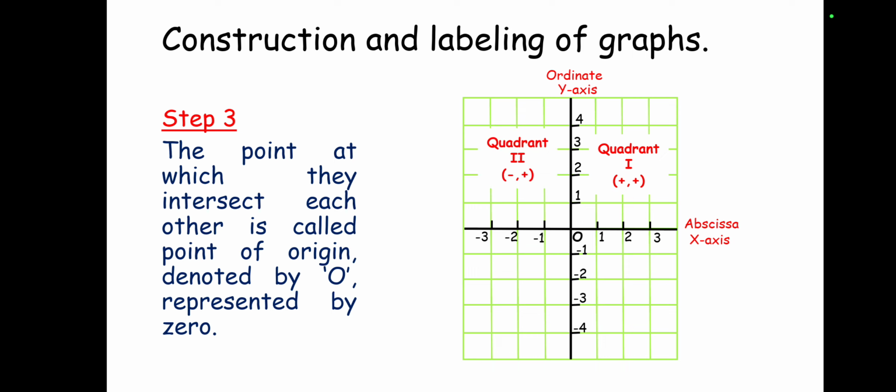This is quadrant 2, where the x-axis is negative and the y-axis is positive. Now this is quadrant 3, where both x as well as y axis are negative. And lastly, this is quadrant 4, where the x-axis is positive and the y-axis is negative. So this is what we understood till step 3.